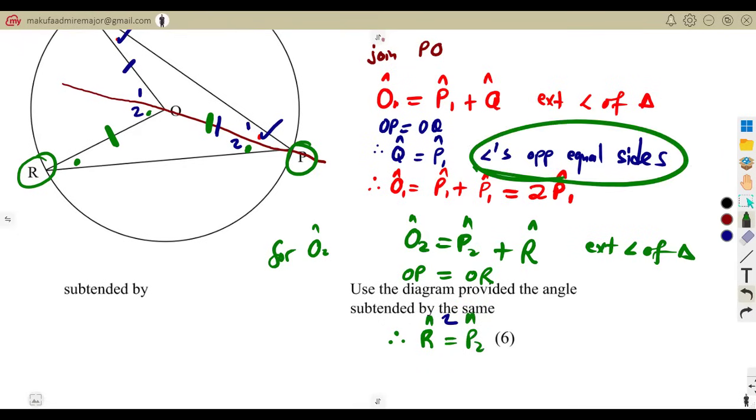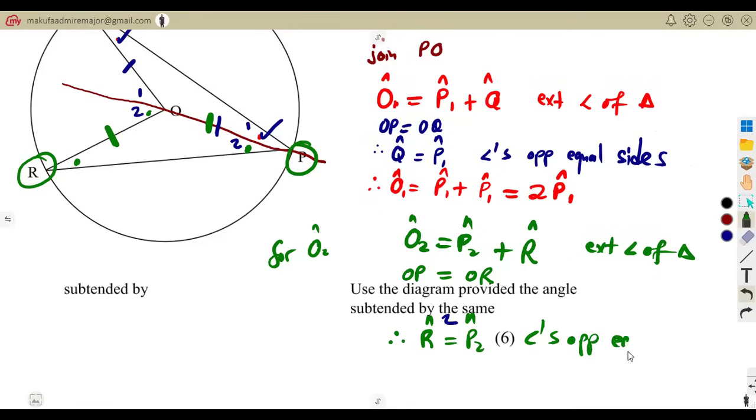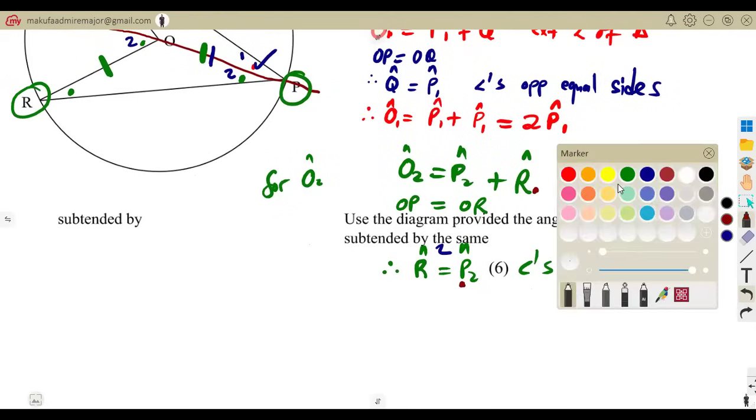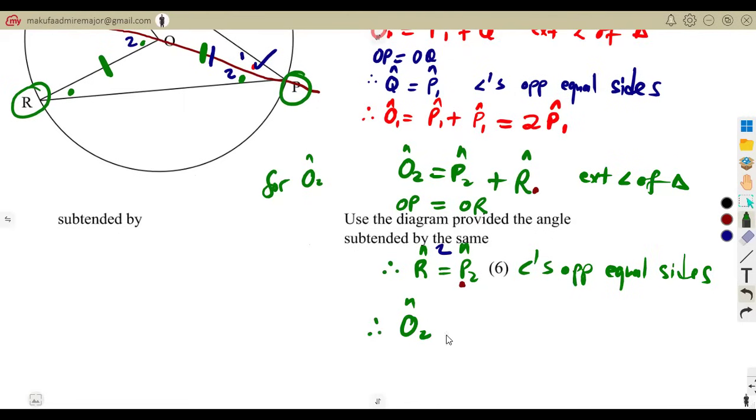Same reason, angles opposite equal sides. We talked about this, guys. So if these two are equal, we can substitute our angle R with P2. So our angle O2 will be equal to P2 plus P2, which is 2P2.